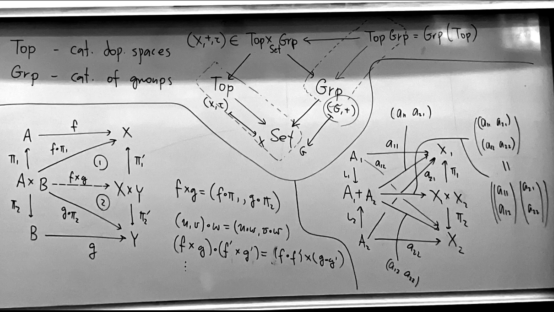And the composite of this map with iota 1, which will be a map from A1 to X1, I can call that small a11. The composite of iota 2 with that map, I can call small a21. Then this map here, I've got another map going there, right? That's the composite of iota 1 with that map. So I'm keeping the indices according to the domain and codomain: 1, 2, 2, 1, 1, 2, and this one will be 2, 2.